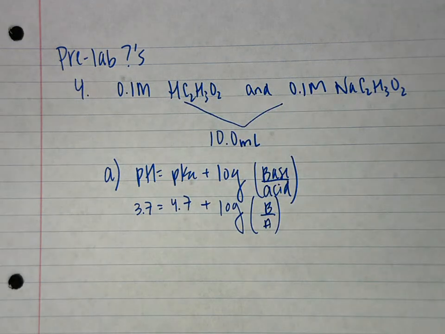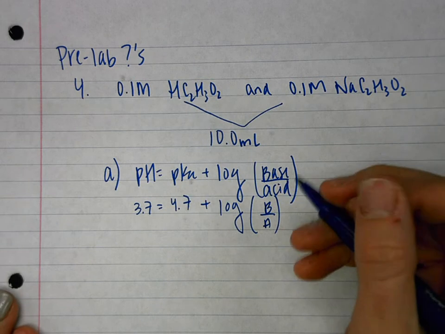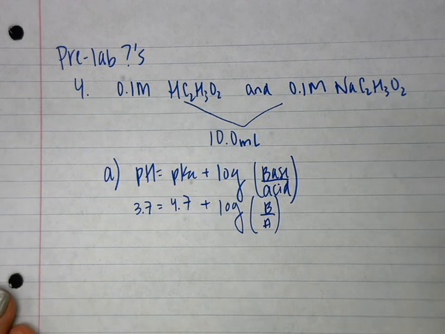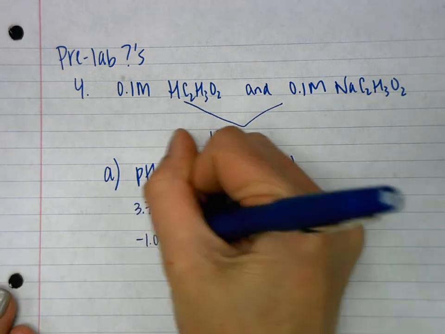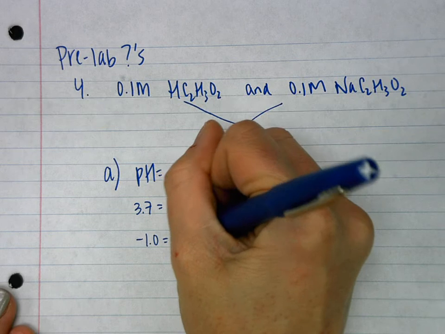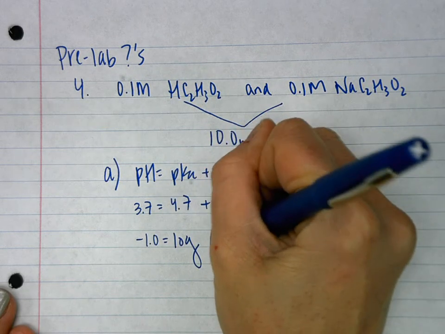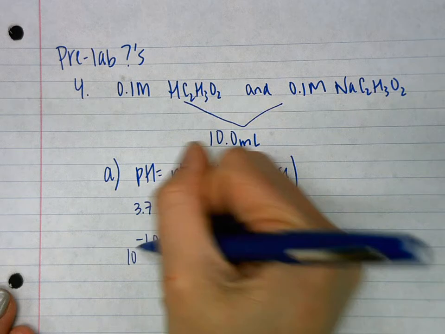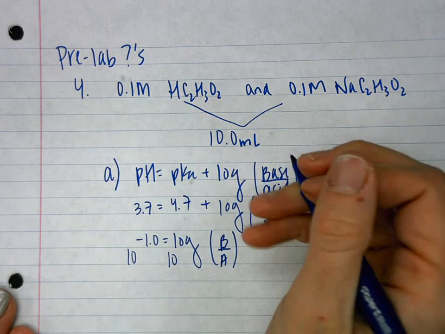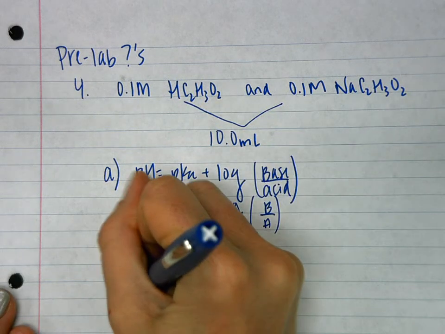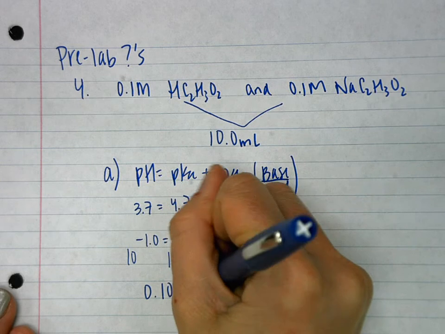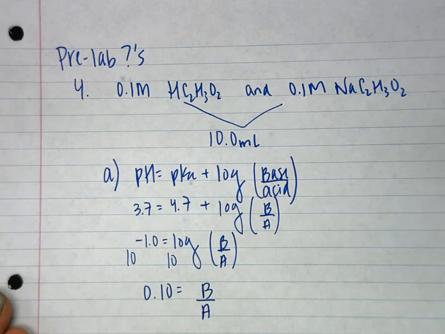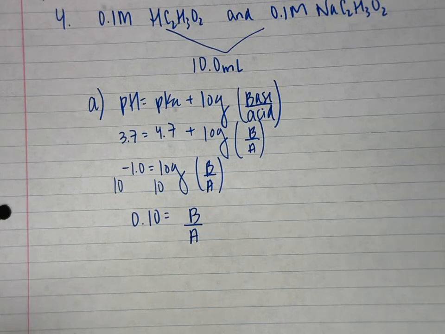Okay, so we're going to solve for that ratio, and when we do so, right, we get -1 equals log of B over A, therefore, 10 to the negative 1. So we end up with 0.10 equals B over A. All right?